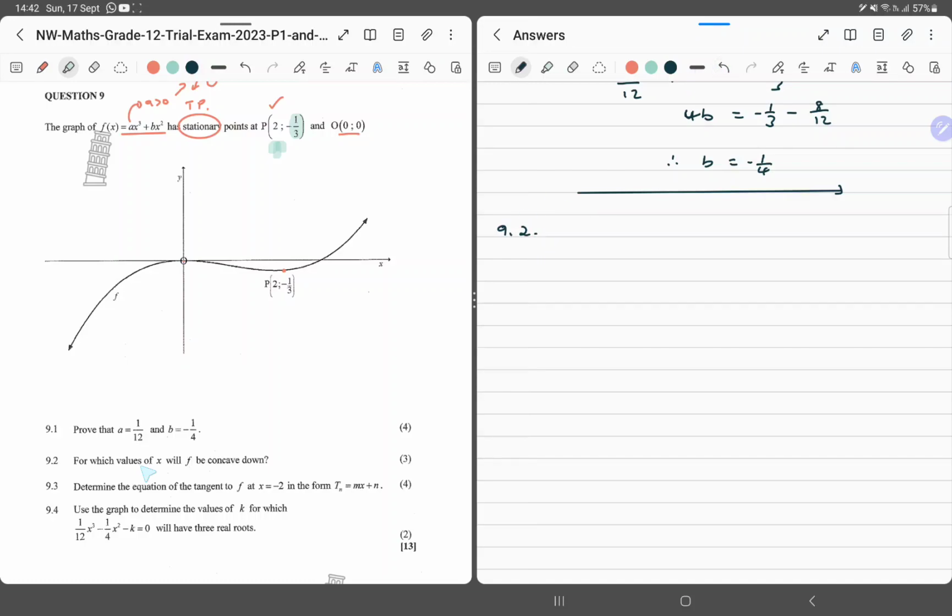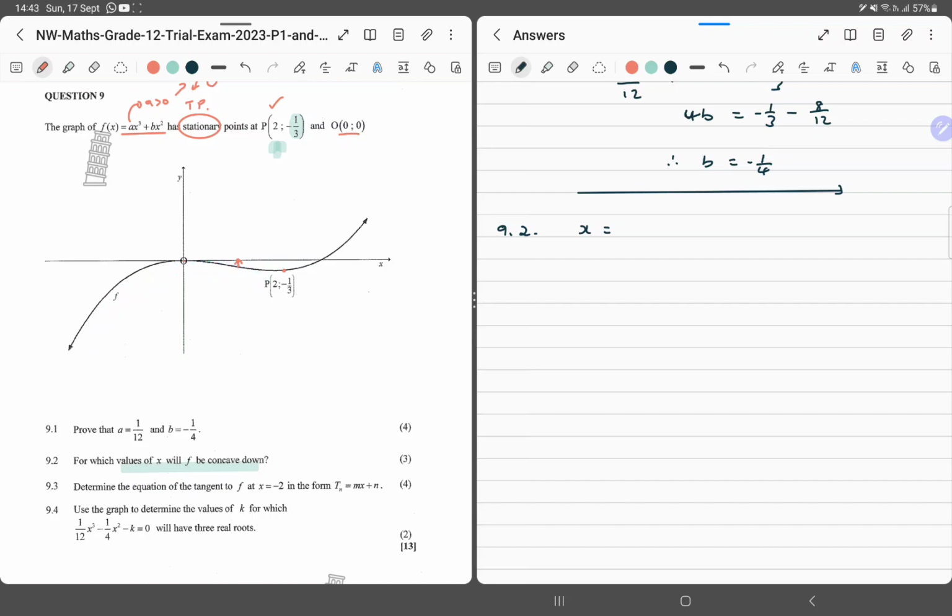9.2 says, for which values of x will f of x be concave down? We know the x coordinates of the turning points, so it should be halfway between those turning points. So it's going to be somewhere there. So that is the average. So we can say this is when x is equal to the average. Of course, not equal to.